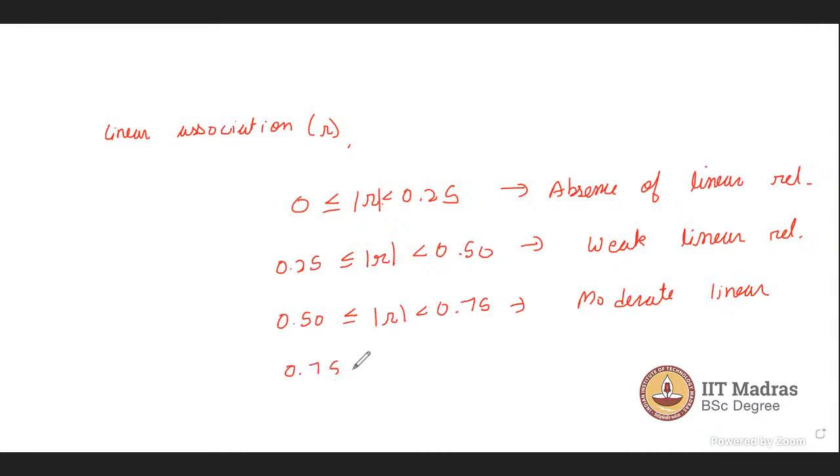And strong. I have to check whether the equality is on this side or that side. I don't remember exactly. I will check and get back here. Let's move on for now.